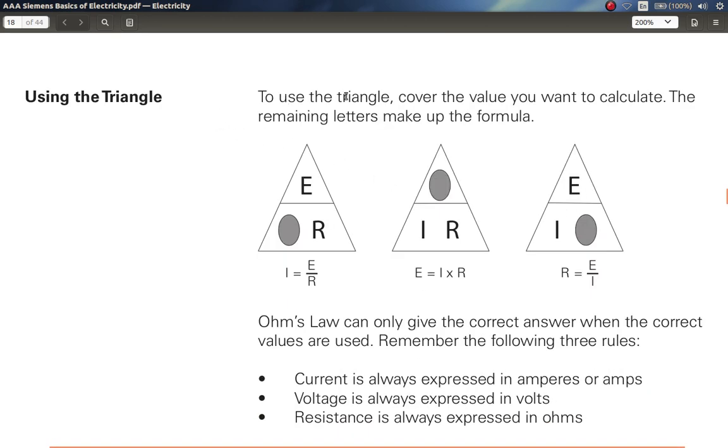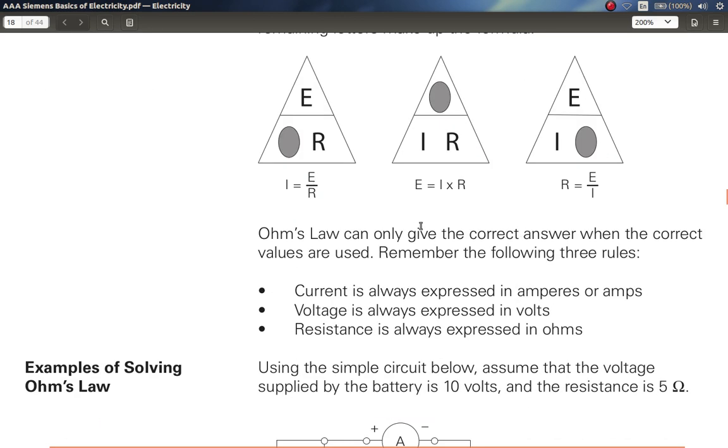Using the triangle: to use the triangle, cover the value you want to calculate. The remaining letters make up the formula. I is E over R, E is IR, R is E over I. So I is E divided by R, E is I multiplied by R, R is E divided by I. Ohm's law can only give the correct answer when the correct values are used.